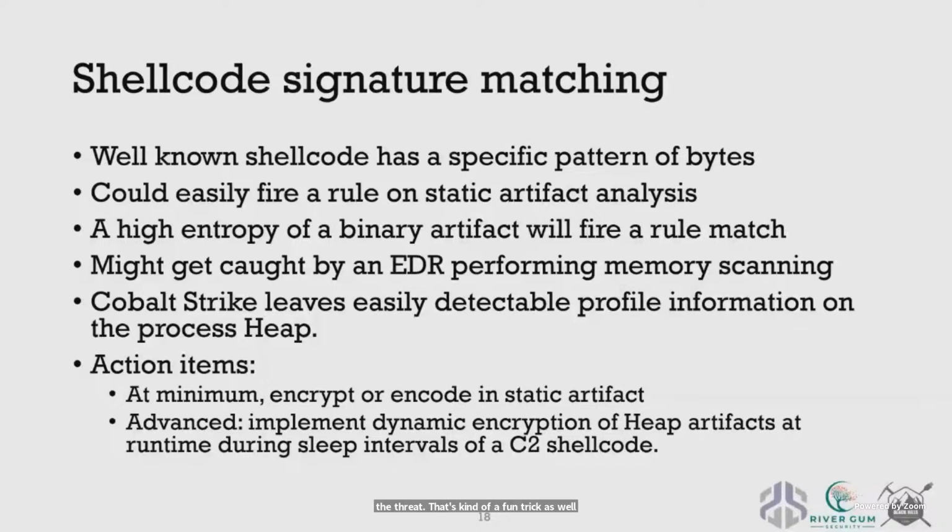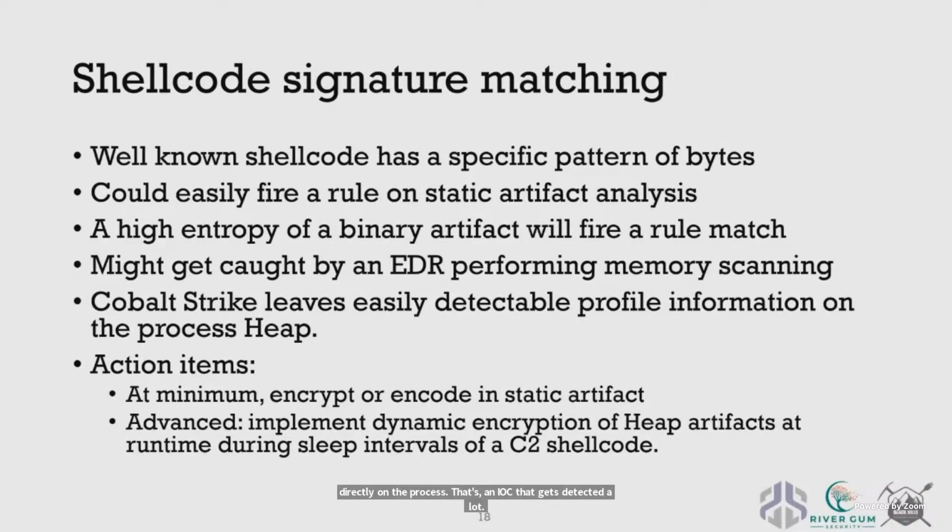Signature matching, obviously well-known shellcode has a specific pattern of bytes, which can easily fire a rule on static artifact analysis. High entropy will fire a rule. Another thing that's pretty well known is that Cobalt Strike leaves an easily detectable profile data directly on the process heap. That's an IOC that gets detected a lot.